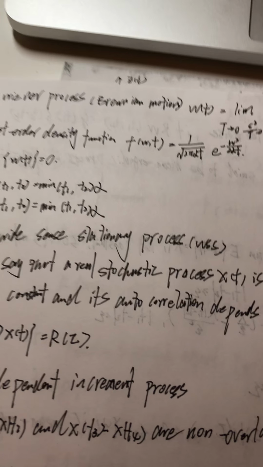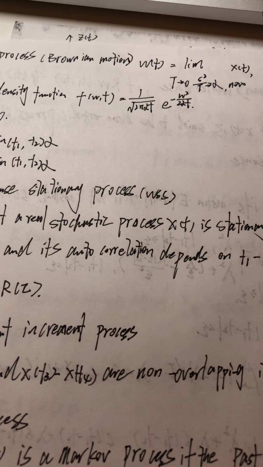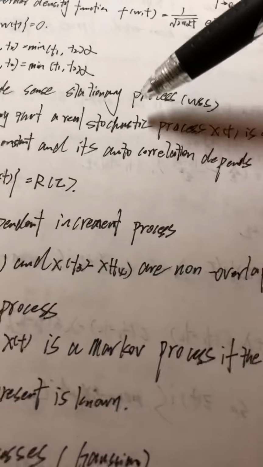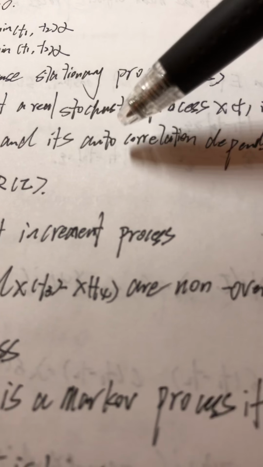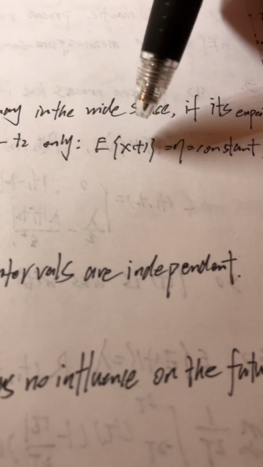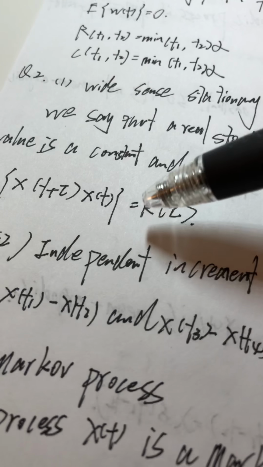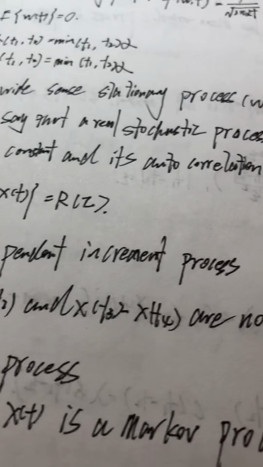WSS stationary processes. We say that a real stochastic process x(t) is stationary in the wide sense if its expected value is a constant, and its autocorrelation depends on t1 minus t2, which is only when the expected value of x(t) equals eta, which is a constant, and the expected value of x(t plus tau) multiplied by x(t) equals R(tau).